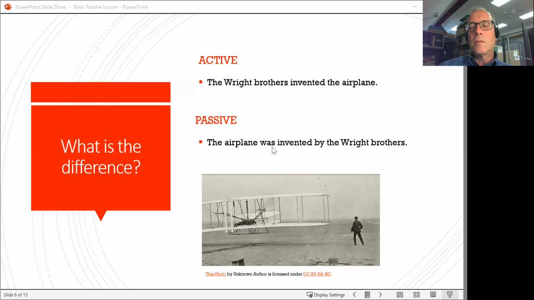The airplane was invented by the Wright brothers. So this is a passive sentence. It's also past. I can see it's past because of this verb, was invented. But now we have the airplane at the front of the sentence, at the beginning. The airplane is now the subject. The airplane was invented by the Wright brothers. It's the same meaning.